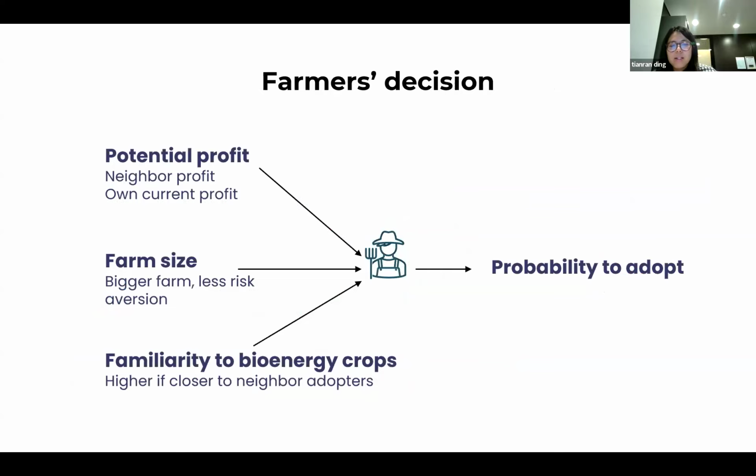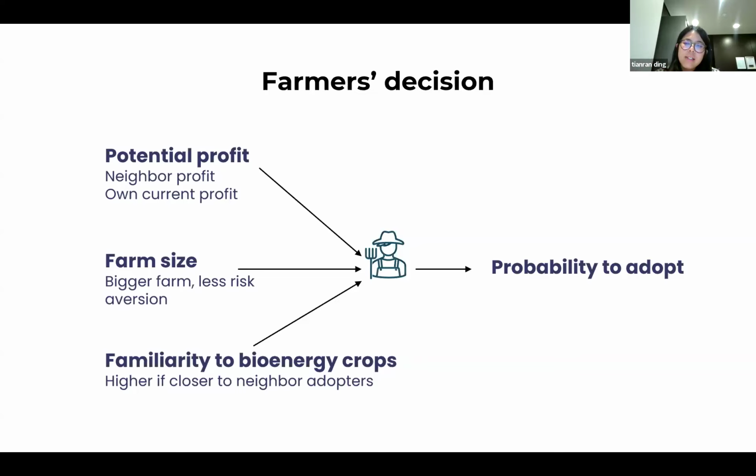And then from the farmer side, farmers will think about the profits, their farm size, and their familiarity with the crop adoption. From the profits, they will observe their neighboring profit, and they will observe their own current profit for meat production. If the neighboring profit is higher than their own, they will think about having this new energy crop.